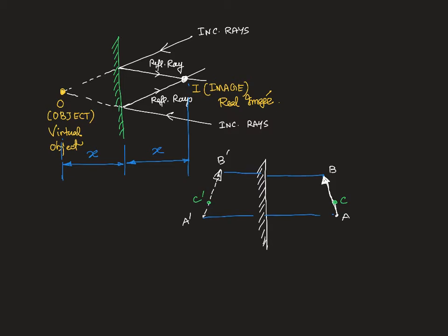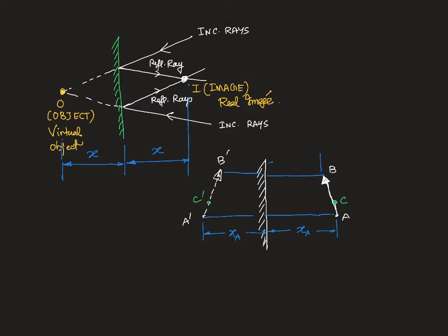Okay. Now, for point A, if the distance is xa, then the image of A, which is A dash, has the same distance xa.